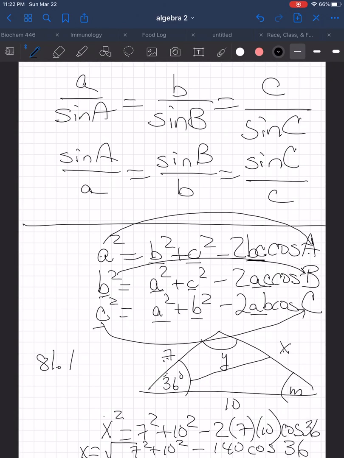So when we do that, let's see, 49 plus 100 minus 140 cosine 36, enter, and I get 5.978.